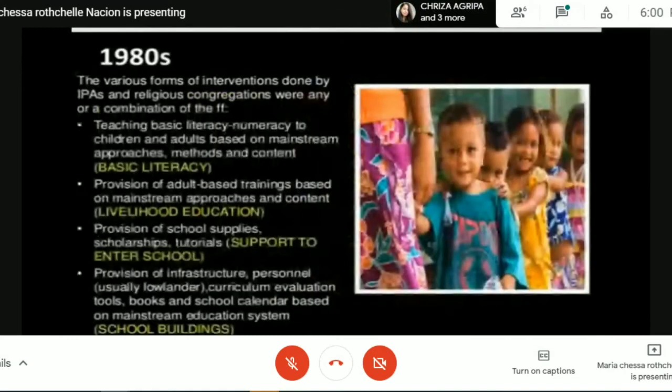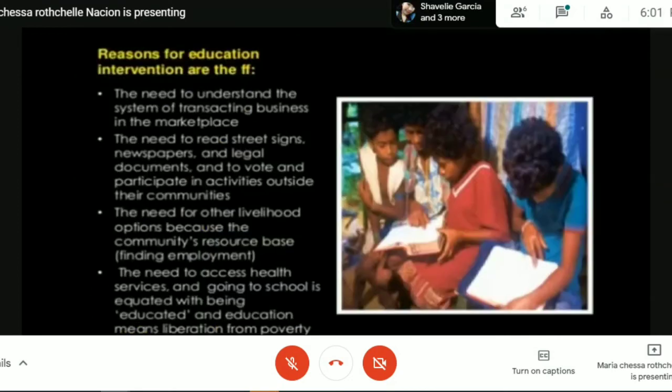In the 1980s, the various forms of intervention done by IPAs and religious congregations were any or a combination of the following. Reasons for education interventions are the following. First, the need to understand the system of transacting business in the marketplace.